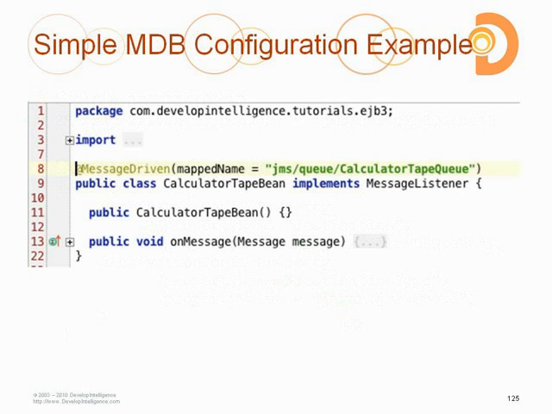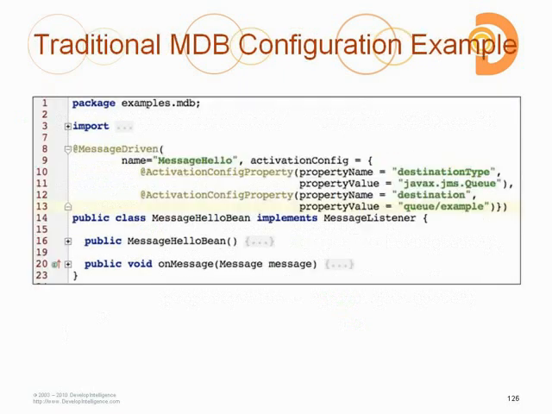So here's a real basic example in code, mapping this calculator tape bean to the calculator tape queue. Again, I'm assuming it's a queue purely based on naming convention. Could be a topic, I don't know, but based on naming convention, it is a queue. Second alternate, again, shows me that I am now configuring this message-driven bean.